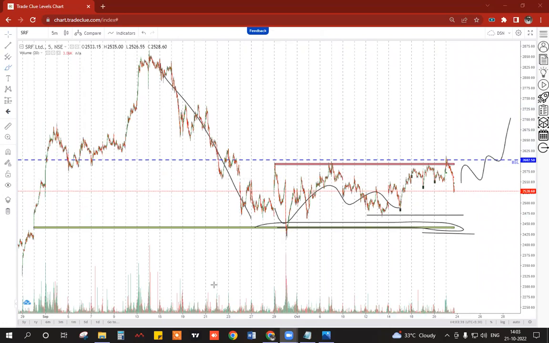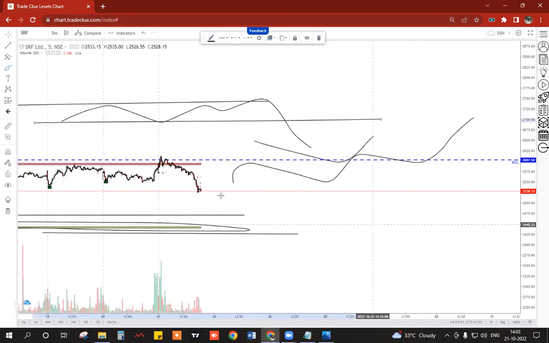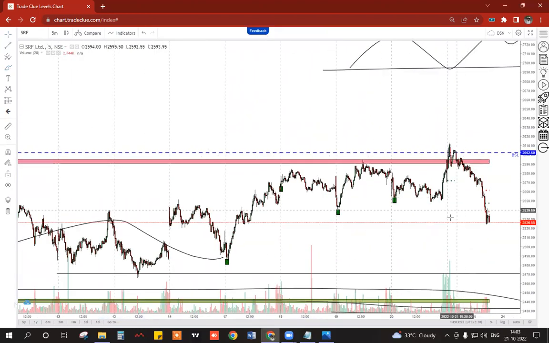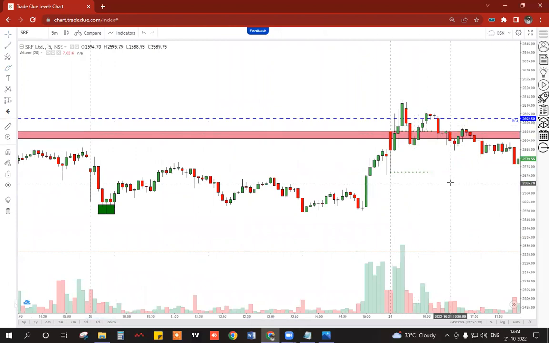Green dots or red dots, what do both mean? See, green dots: if you're trying to trade, let's suppose the stock sustains above them, then you can take trades on green dots, and on red dots, let the stock sustain below the red dots, and then take trades on red dots. Even if it comes on a one-to-one basis, like SRF had green dots in the morning, right?